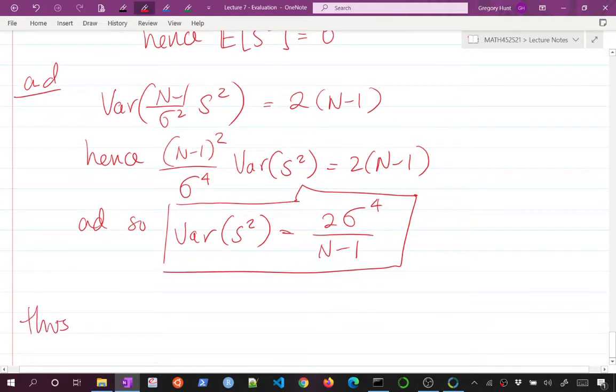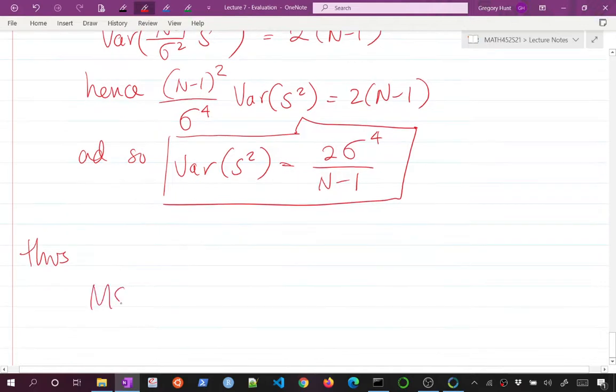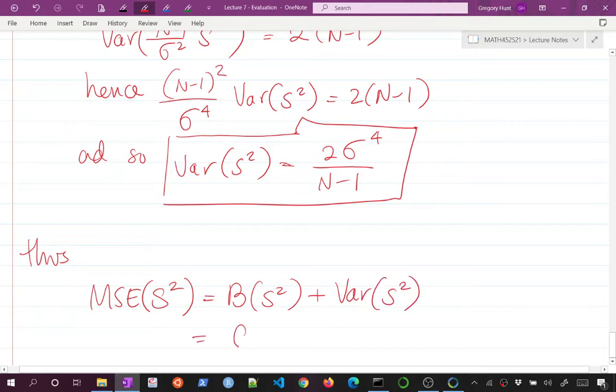And altogether then, if we want an MSE for s squared, this is, again, the bias squared of s squared plus the variance of s squared, which is 0 squared plus 2 sigma to the 4th over n minus 1.